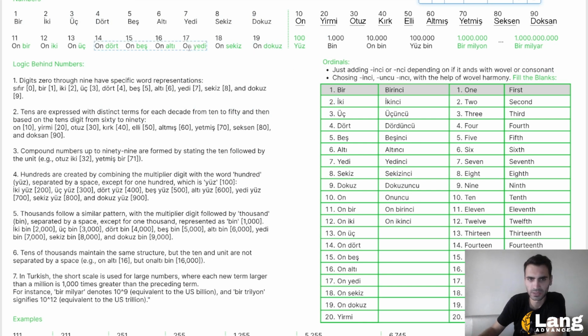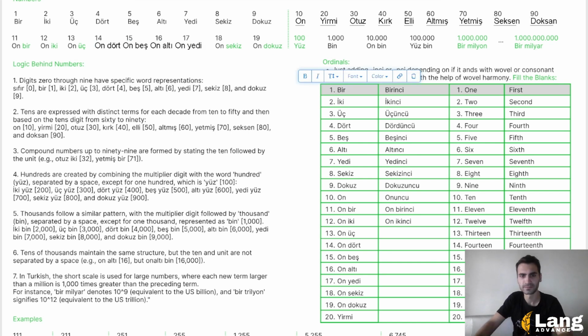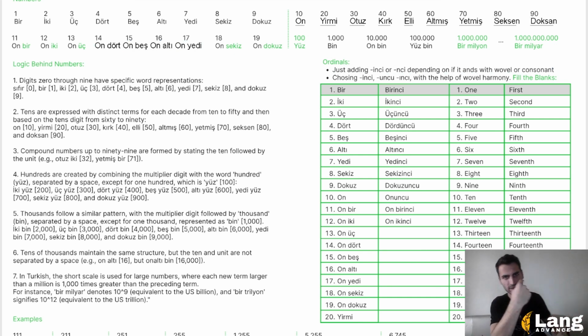On yedi, 17. 17'ymiş. There's a song about 17. If you write 17 to Google or YouTube, you will find a song of Teoman, and you can listen to this song with English translated lyrics, one sentence Turkish, one sentence English.